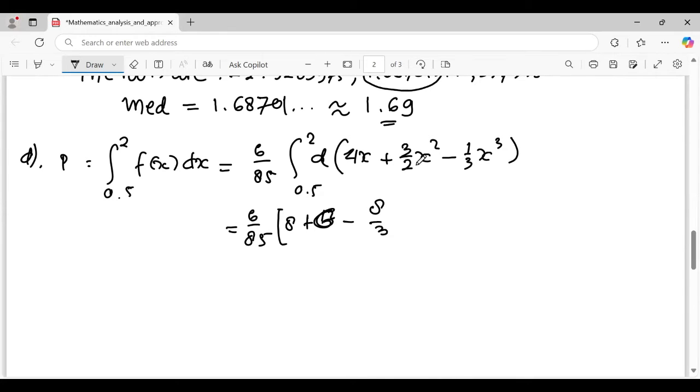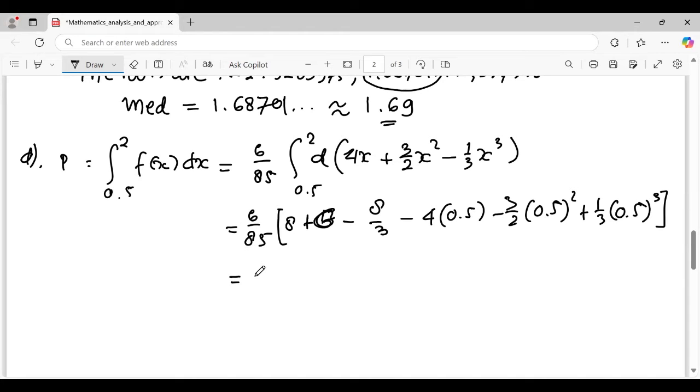and then minus 4 times 0.5, after that minus 3/2 times 0.5 squared, minus 1/3 times 0.5 cubed.